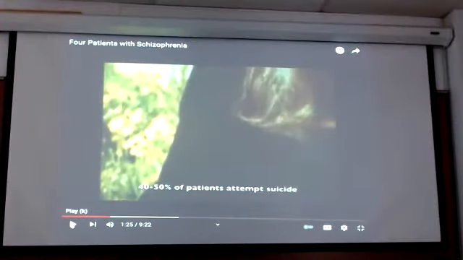That's an interesting statistic. 40 to 50% of patients attempt suicide. Why would that be? You know, we talk about depression. He's not depressed. And when they say 40 to 50% of the patients, they're not just talking necessarily schizophrenia.